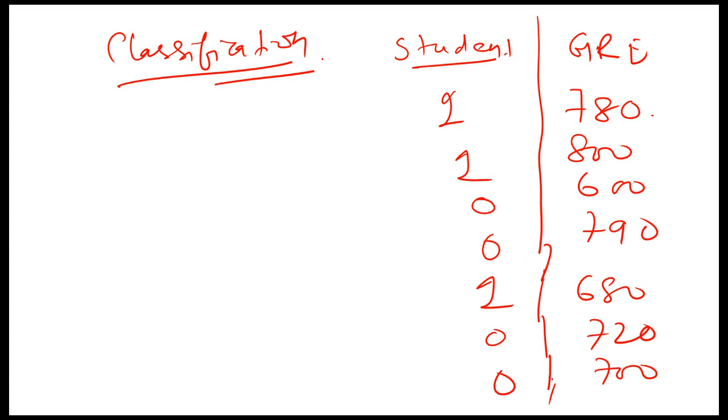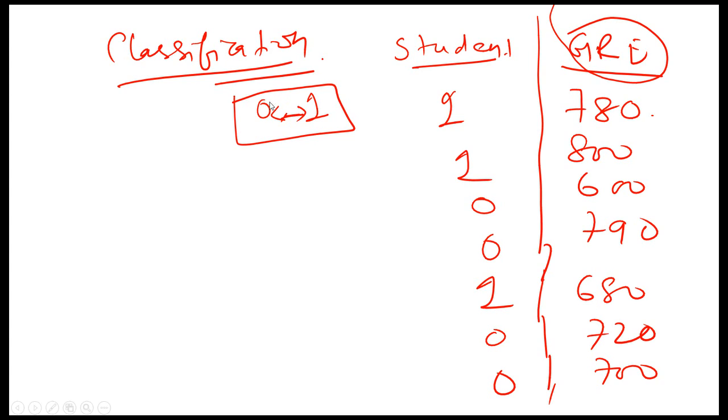Now I have students and the corresponding GRE scores, and whether a student is admitted or not in a college. I just need to know, looking at somebody's GRE score, can I say what is the probability that he is going to get admission? Probability values lie between 0 and 1.